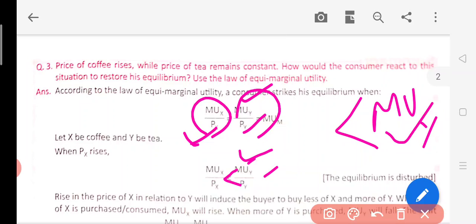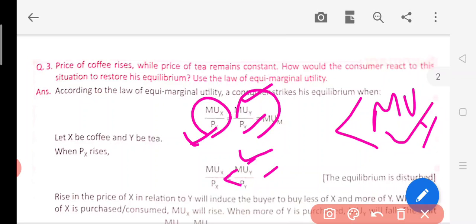So what will happen? The law of diminishing marginal utility will apply and the desire, or MUY, will fall. When MUY falls and the consumer is not spending any money on X good, or coffee, the desire for MUX will rise. Suppose you are drinking lots and lots of tea, or purchasing lots and lots of tea.